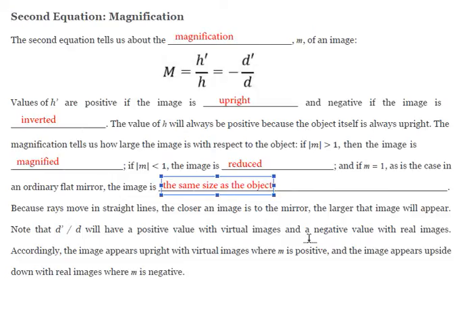It would be positive. If you're working with a real image, then you'll have a positive d prime over a positive d, and the negative would turn the whole thing negative. So accordingly, the image appears upright with virtual images when m is positive, and the image appears upside down with real images where the magnification is negative.